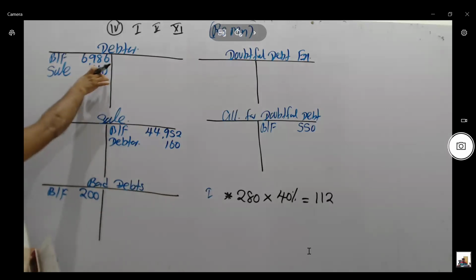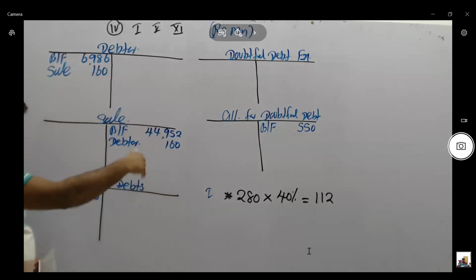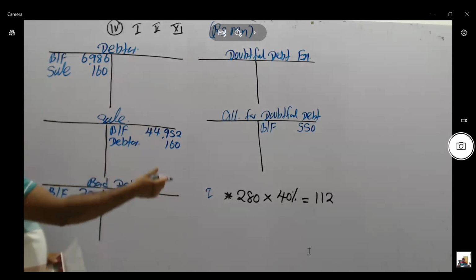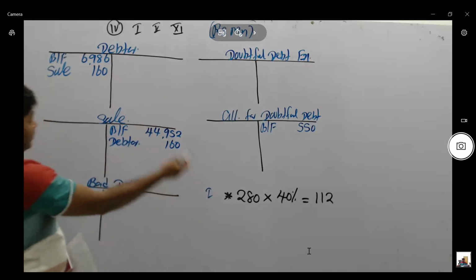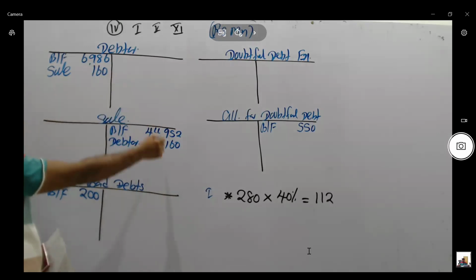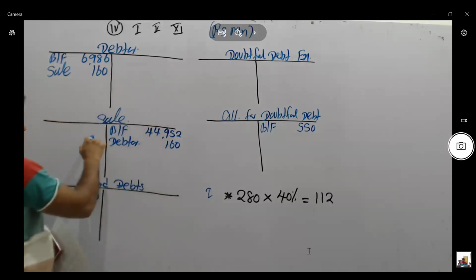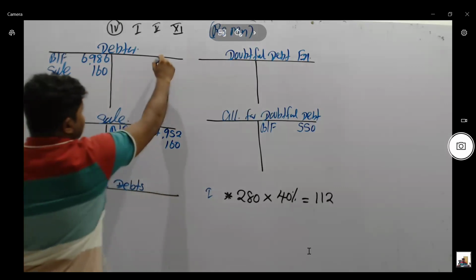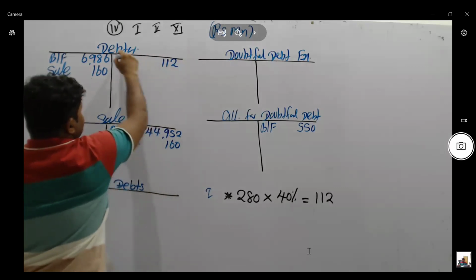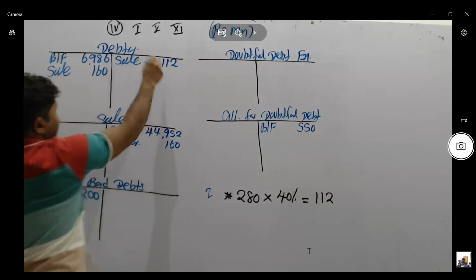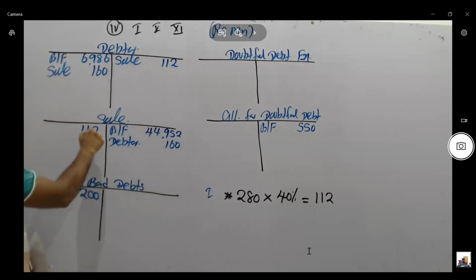The total value recorded included debtors and sales, but 40% should be removed from debtors and sales. Therefore, debtors account credit 112 as a sales and sales account debit 112 as a debtor.